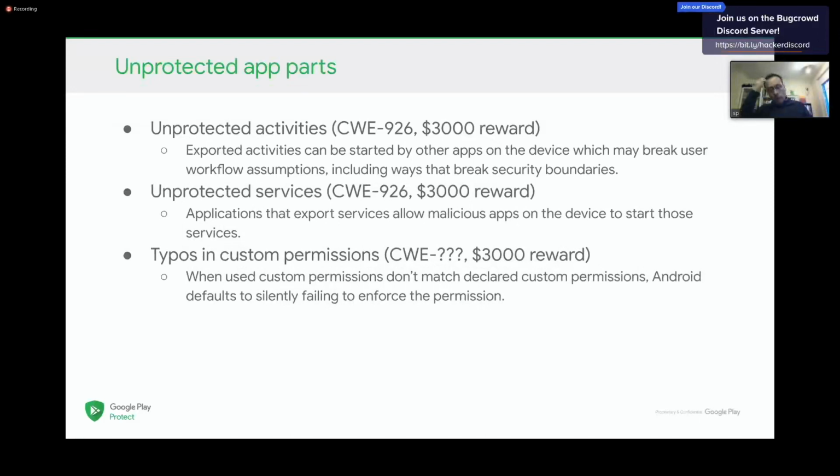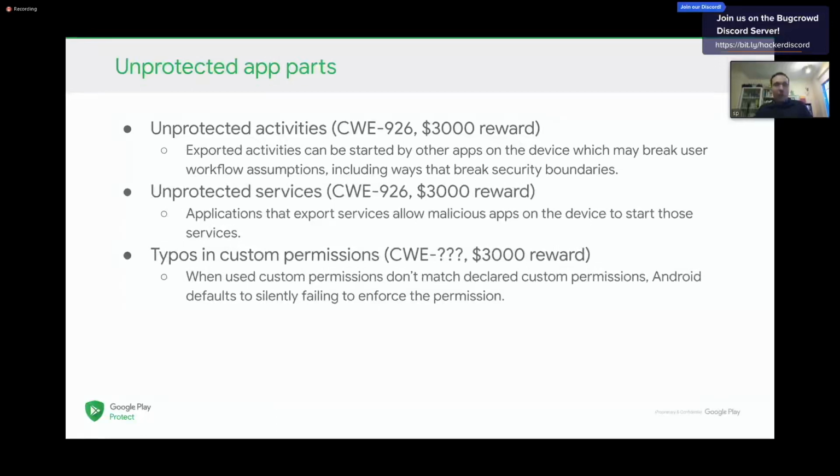Usually you want to have your activities protected if they're part of any kind of critical security flow. Imagine you have two activities, one for the password and one that gives access to sensitive data after the password is correct. If you don't protect your second activity, then maybe it's possible for an attacker to bypass that password activity and just hop onto the second one and start that. So that's not great.